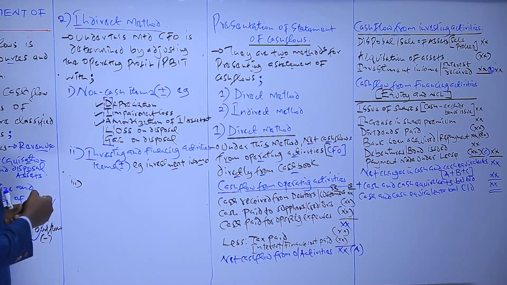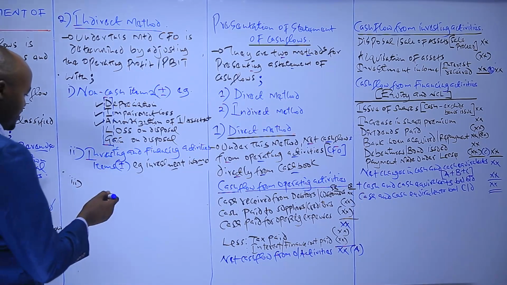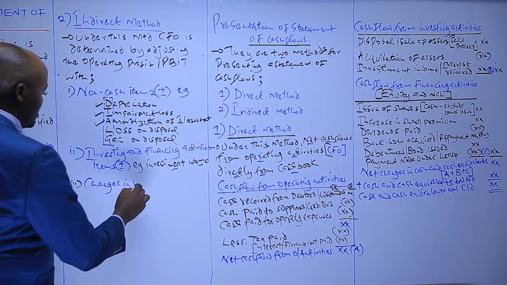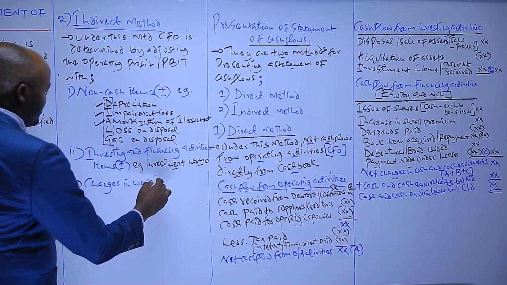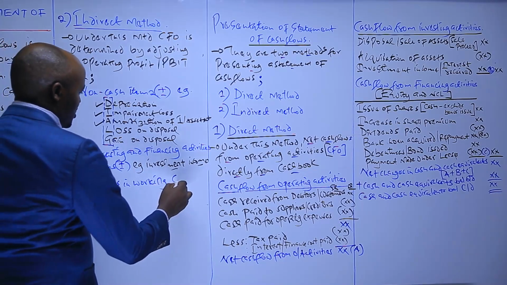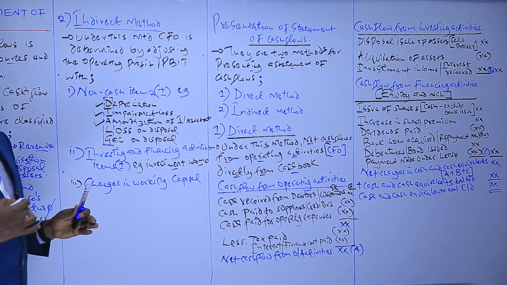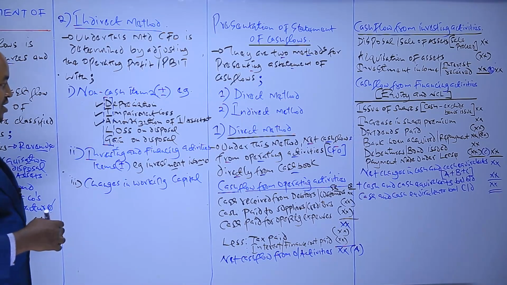And number three, we also adjust that profit with the changes in working capital. Working capital is basically the difference between current assets and current liabilities.